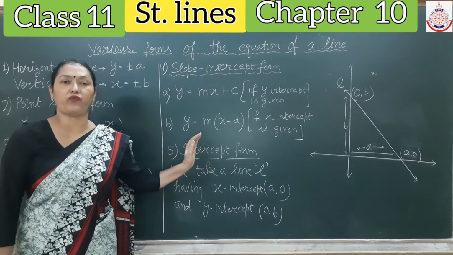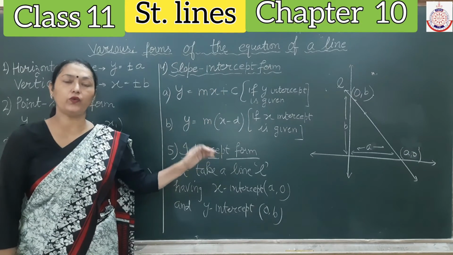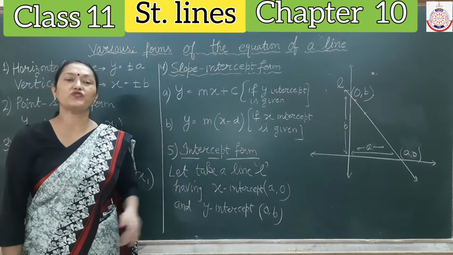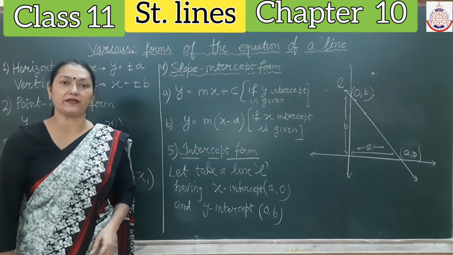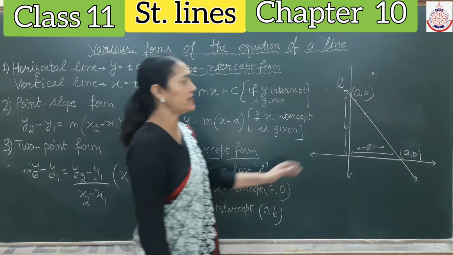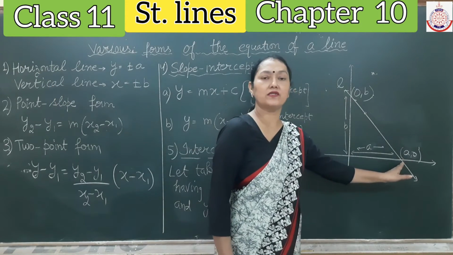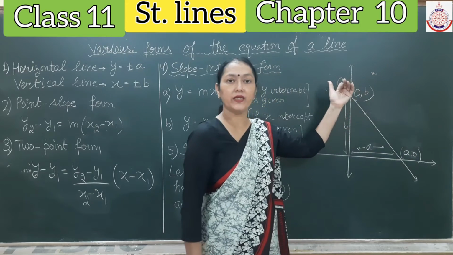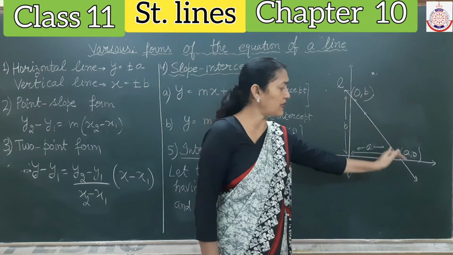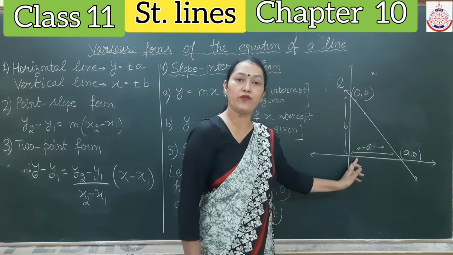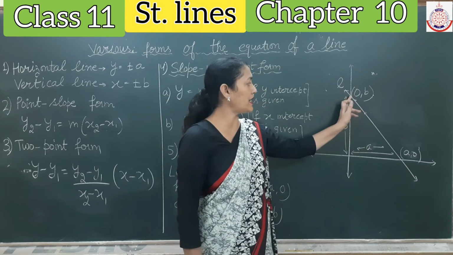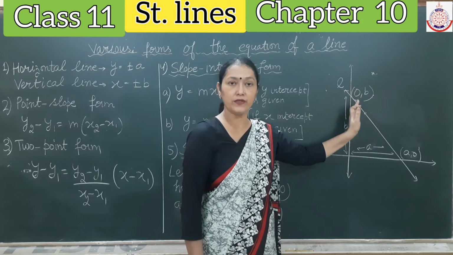This is intercept form. Means here slope is not given, only intercepts are given. Suppose we have a line L having x-intercept as well as y-intercept. That means this line L is passing through 2 points (a, 0) and (0, b). This point is at a distance of a unit from origin and this point is at b unit from this origin.